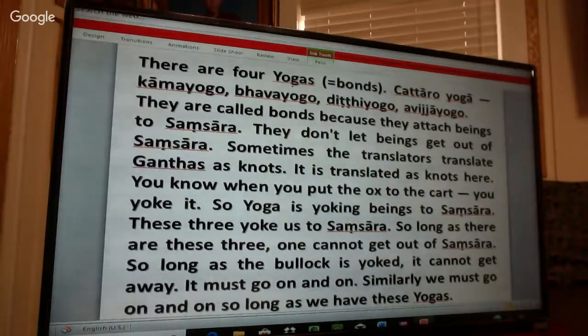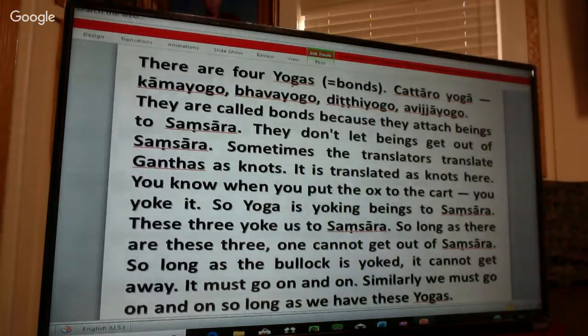Never ever. No chance. Sometimes translators translate it as a knot. When you put the ox to the cart, you yoke it. So yoga is yoking beings to samsara, the round of rebirth.